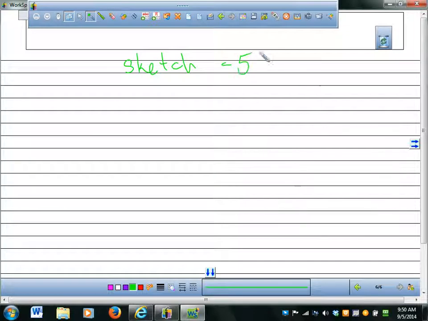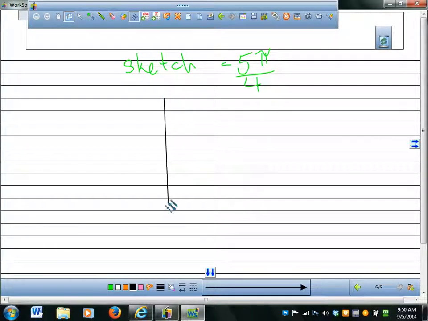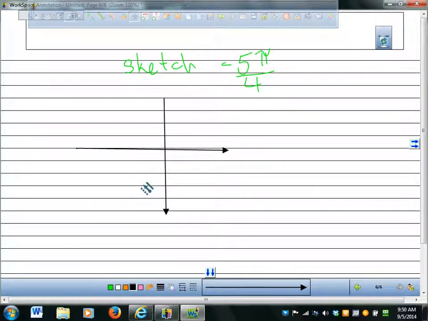Sketch negative 5 pi over 4. Could you do that? Where's negative 5 pi over 4? Without converting it and figuring out how many degrees it is, 5 pi over 4, is that going to be bigger than pi or less than pi?